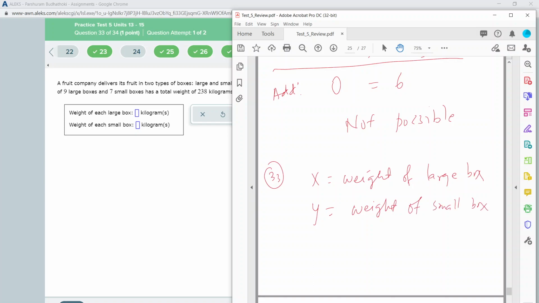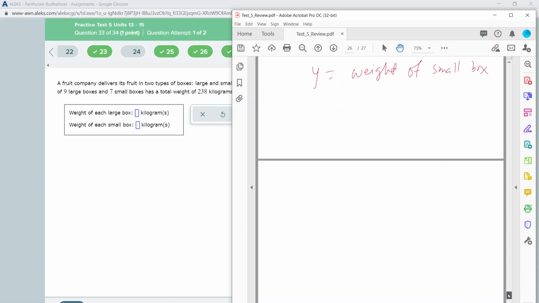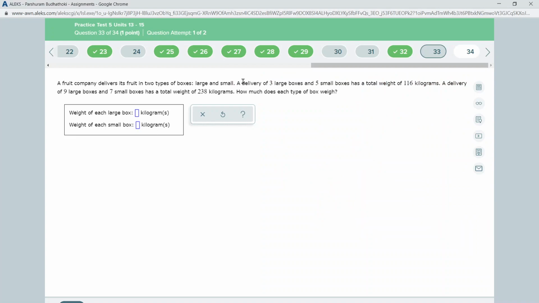Now try to use the given information here and create the equations. As you can see here, a delivery of 3 large boxes, so that means the weight of 3 large boxes plus the weight of 5 small boxes is 116 kilograms.